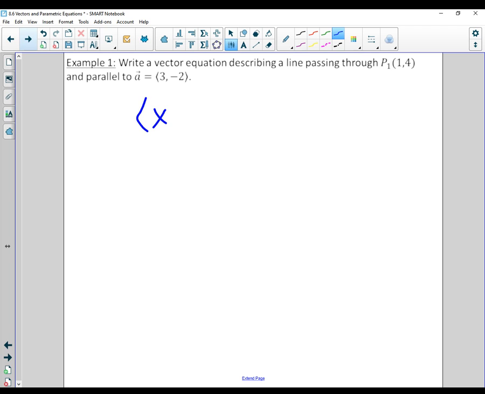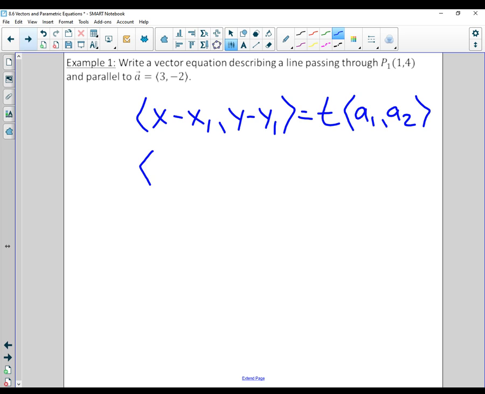Our vector equation was <x - x1, y - y1> = t<a1, a2>. That's it.